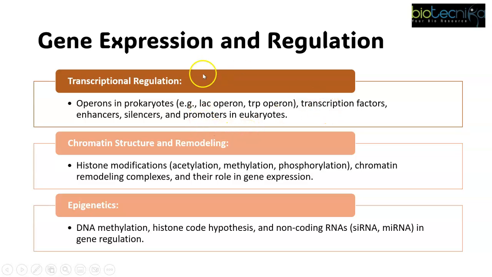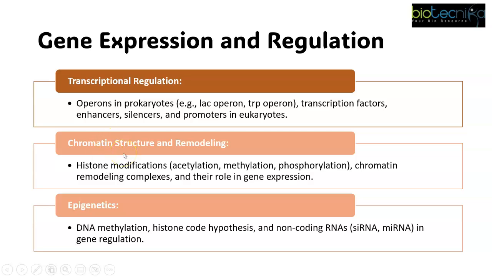In eukaryotes, you should have a good understanding of eukaryotic gene regulation as well, which comprises chromatin structure and remodeling. In eukaryotes, the DNA is tightly wrapped around the nucleosome, which comprises eight histone molecules, two of each kind.